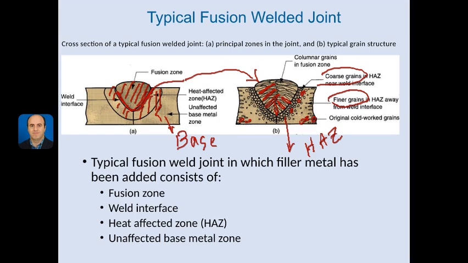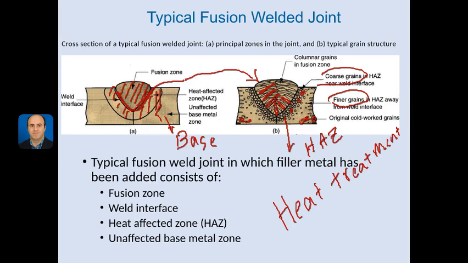So what they do after welding, depending on the metal composition, they take the weld sample into the furnace and do a certain procedure, heat it up to a certain temperature and hold it at that point.